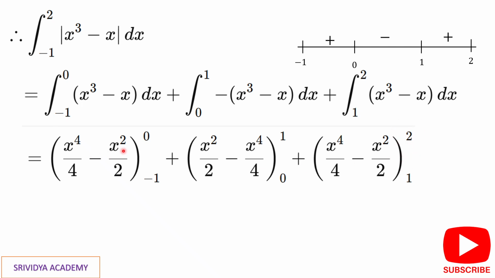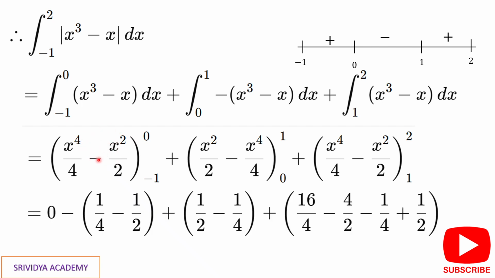Now let us evaluate. Let us apply the limits. So we get the first term, that is the upper limit. When we put x equals 0, we get 0. When we put minus 1, we get minus 1 whole to the power of 4 by 4, that is 1 by 4, and minus 1 whole square by 2 is 1 by 2. Similarly, we can evaluate the second term, which gives us 1 by 2 minus 1 by 4 minus 0. When we put x equals 0, all the terms vanish.